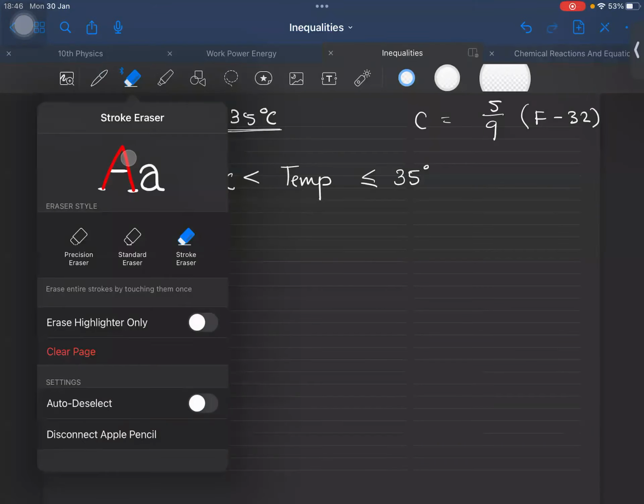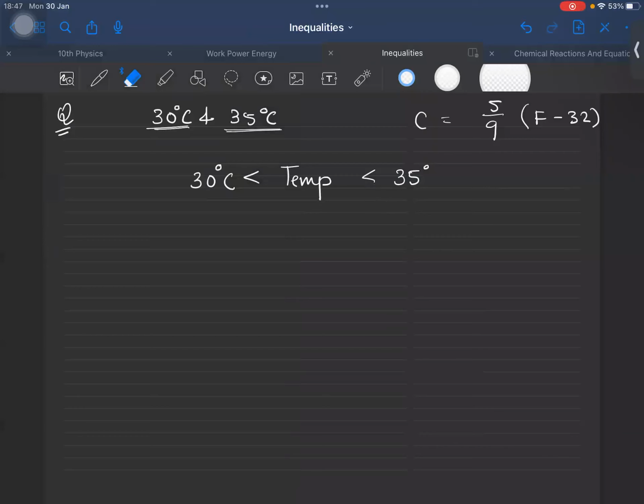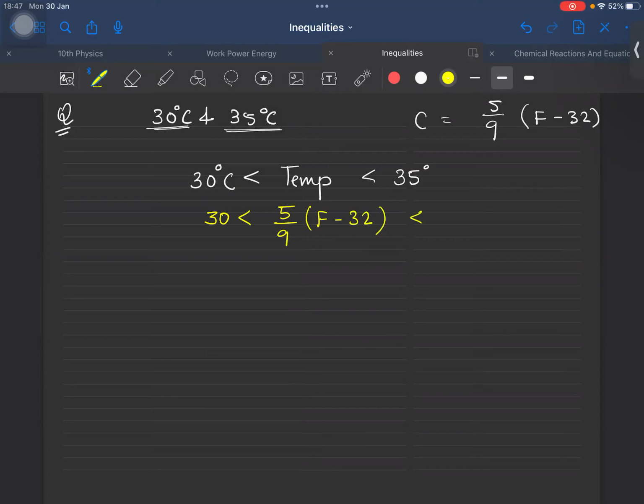According to the problem, let's formulate it: 30 should be lesser than the temperature in degree Celsius, which is 5/9 (F - 32), which should be lesser than 35. You can write the degrees if you want, but I don't feel a need of it.